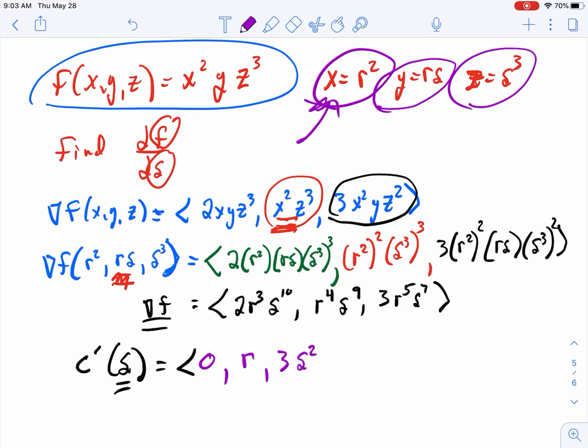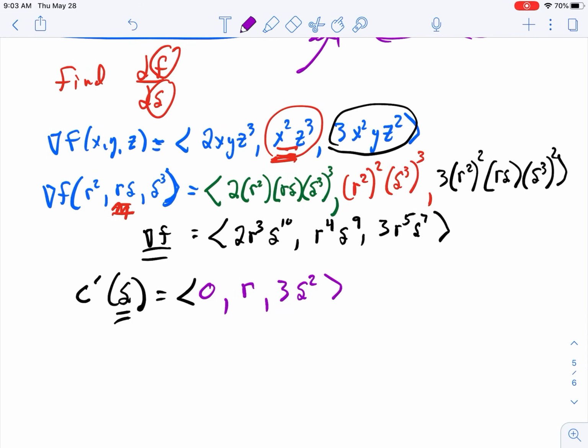Now the last piece here, there's an s there, so the derivative of that would be 3s squared. And I said we're not doing the unit vector, we're just doing the derivative piece only, according to s.